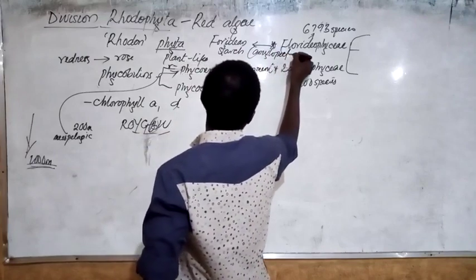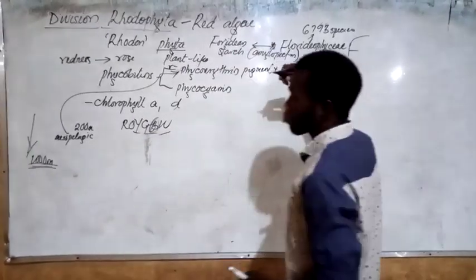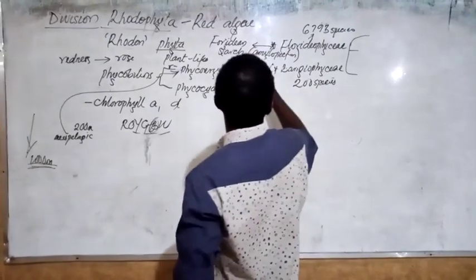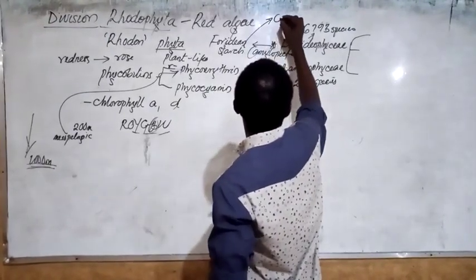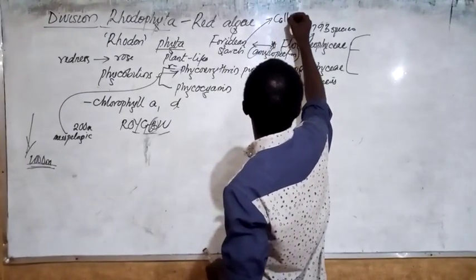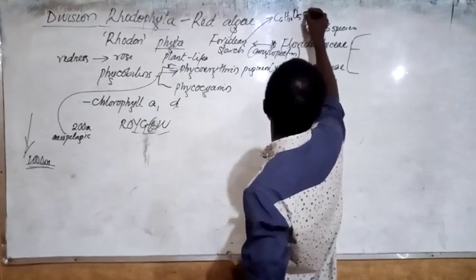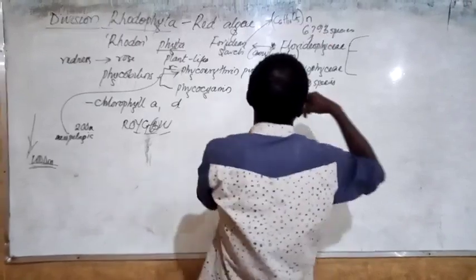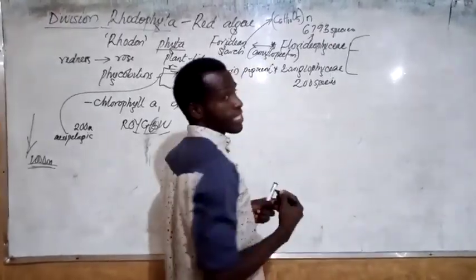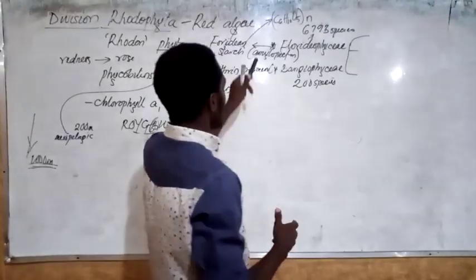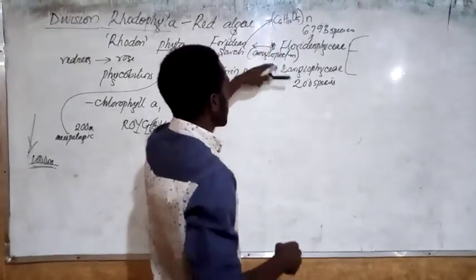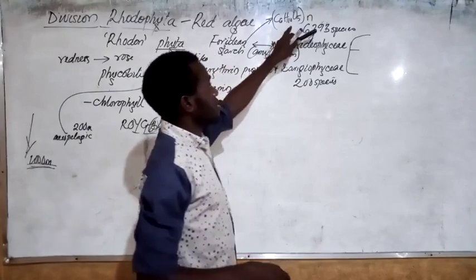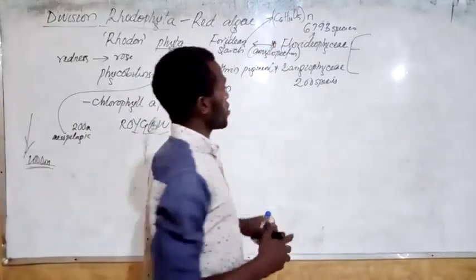So they basically have the basic structure of starch, which is C6H10O5N. So you know it's a polysaccharide. Both the Floridian starch and amylopectin would have this as their empirical formula.